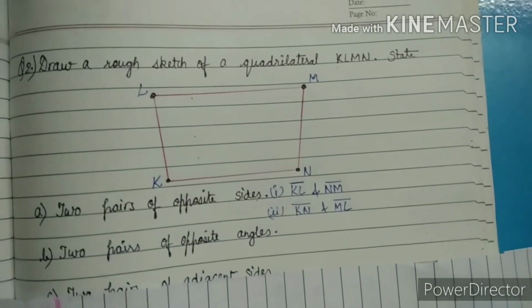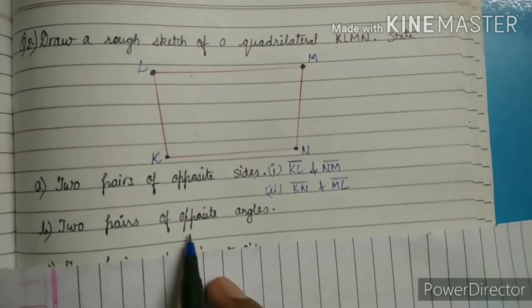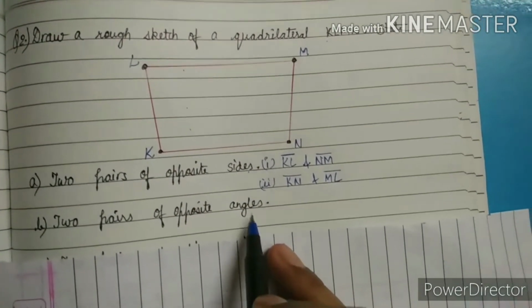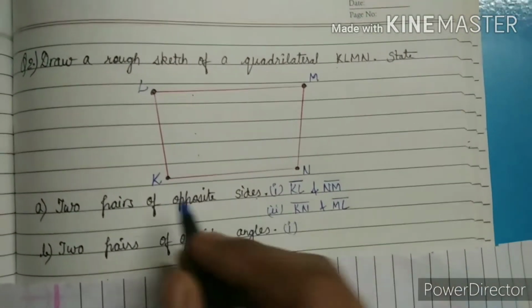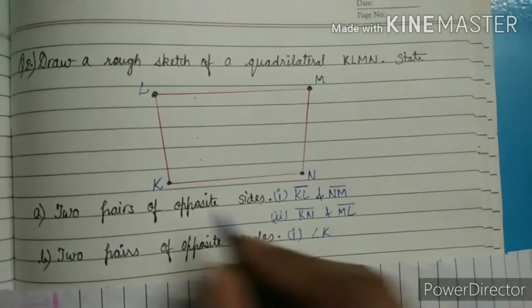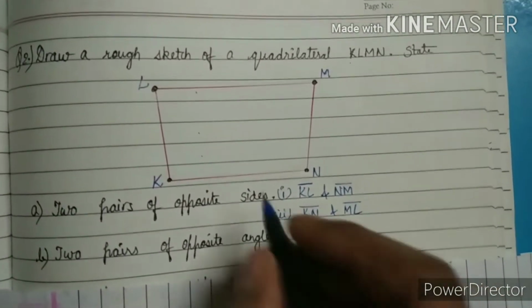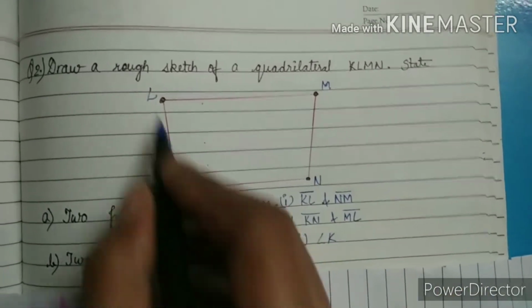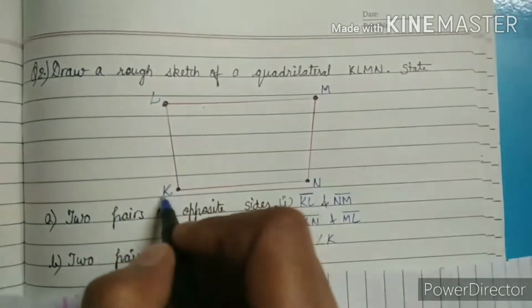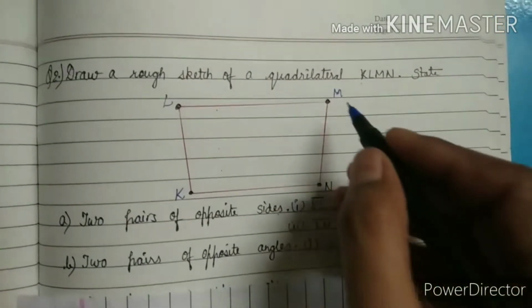Okay, the next is two pairs of opposite angles. So firstly we will start with K. The first angle K's opposite is angle M, because N and L are directly joining with K. M is not directly joining.